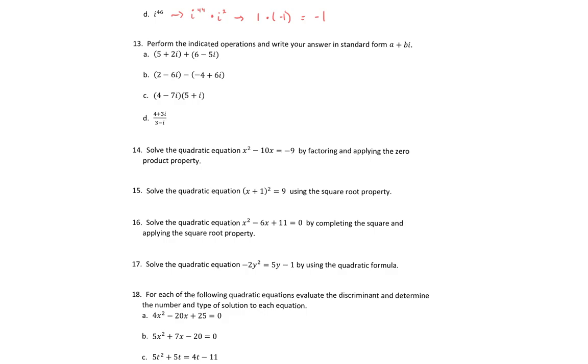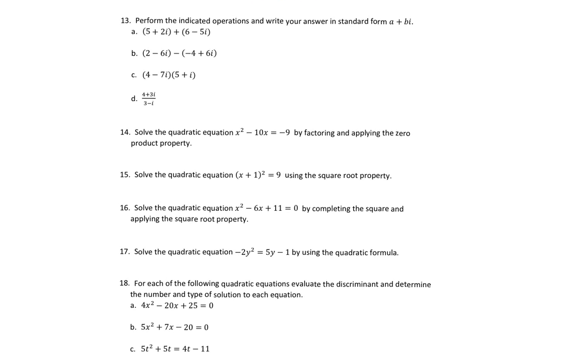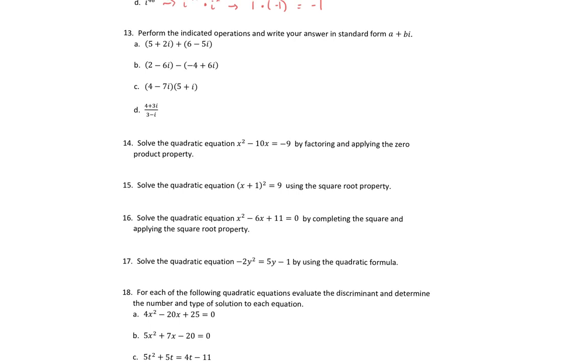All right, now for the next one. It says, perform the indicated operations and write your answers in standard form a plus bi. What I like to think about in this case is treat your i somewhat how you would treat your x. So anything with an i here, for example, can be grouped together, and any constant number can be grouped together.